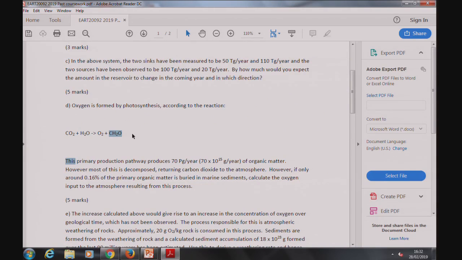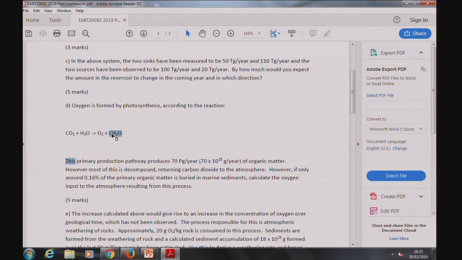Well, think about that for a minute. So we've got this biomass. Let's write it down. We've got CO2 plus H2O gives O2 plus CH2O.